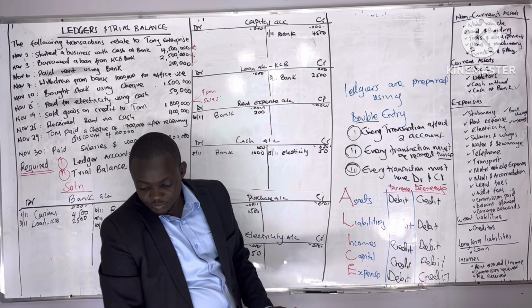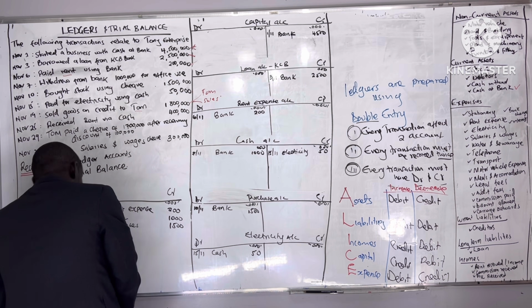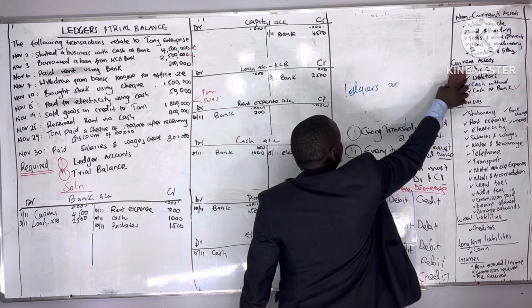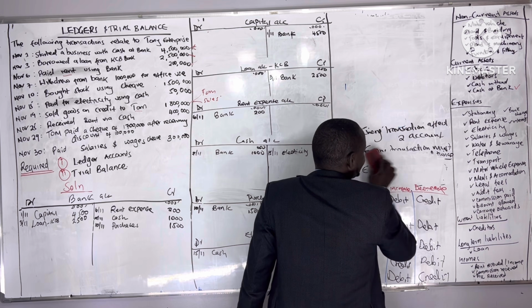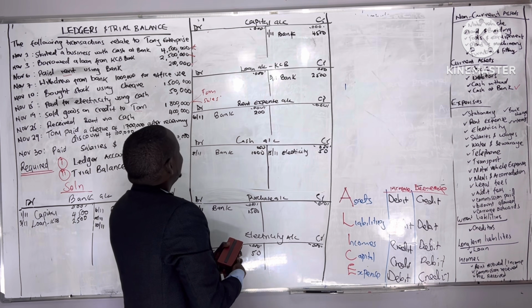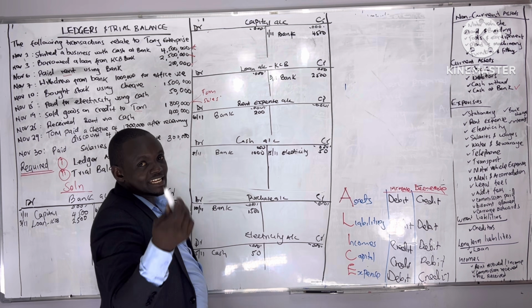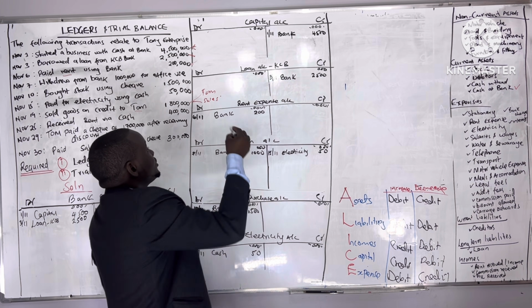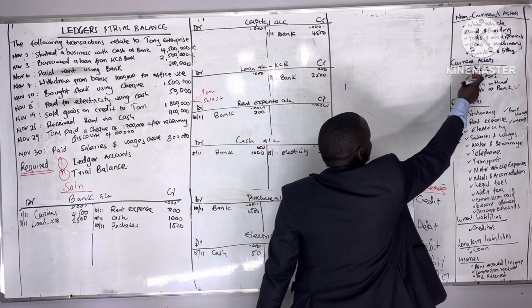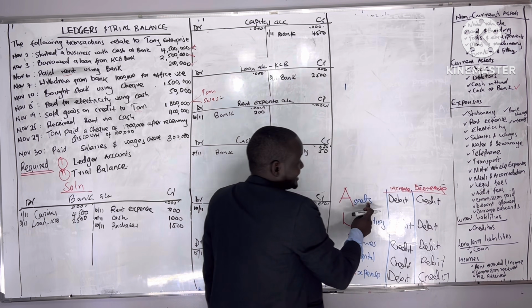Out of these two accounts, one must be debited and one must be credited. When we make sales, we lose stock. Since stock is an asset, a decrease in stock is a credit.